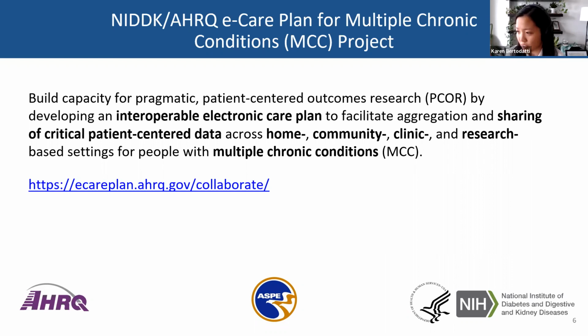And the objective of this project is to build capacity for pragmatic patient-centered outcomes research by developing an interoperable electronic care plan to facilitate aggregation and sharing of patient-centered data across all these various settings for people with multiple chronic conditions.